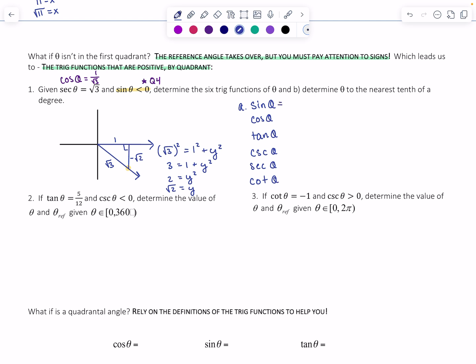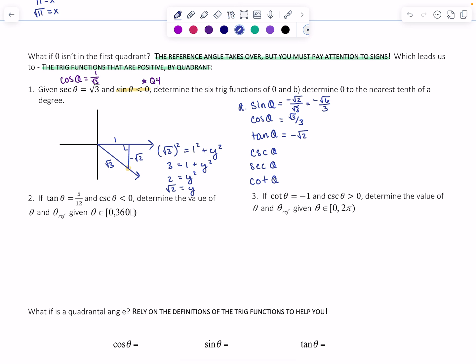So sine of theta is equal to y over our radius here. So we're going to get negative square root 2 over square root 3, which is negative square root 6 over 3. Cosine theta is, when we rationalize it, square root 3 over 3. Tangent of theta, negative square root 2.